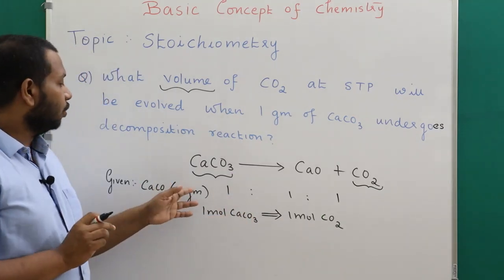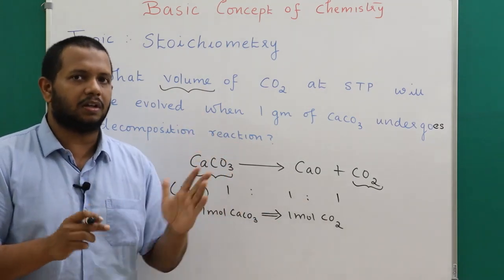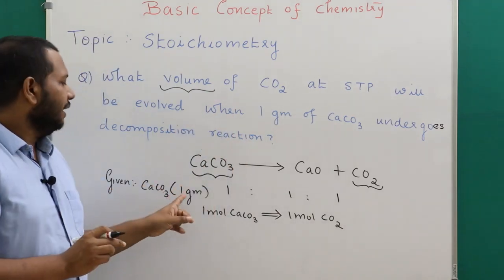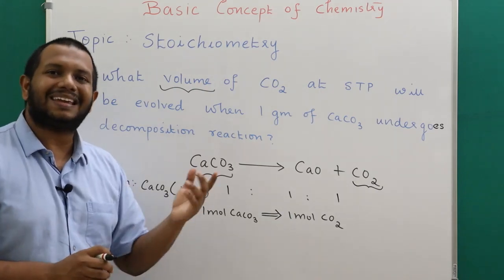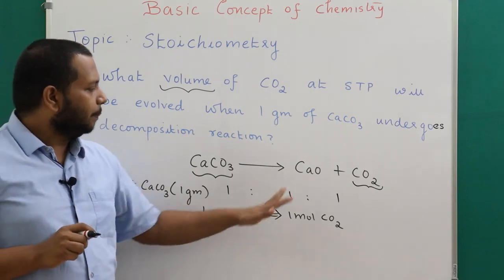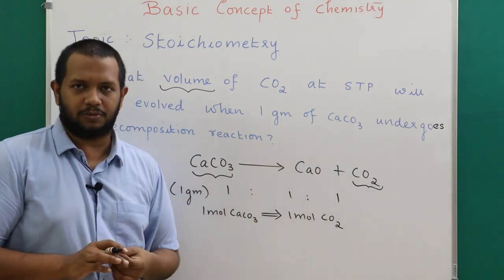Given is 1 gram. There are different ways to proceed from here. I am telling the first type. I can convert this 1 gram to number of moles and find the corresponding number of moles of carbon dioxide produced.